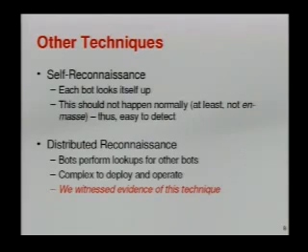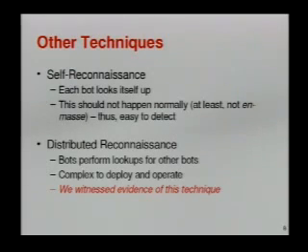Distributed computing, cutting edge. This we did not see very much at all. In fact, it's a really dumb idea, because a machine looking up itself is never going to happen in any legitimate case. It's very easy to detect. So unsurprisingly, we didn't see a lot of that.